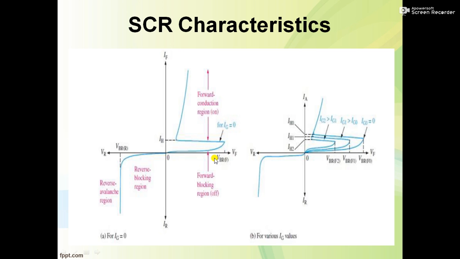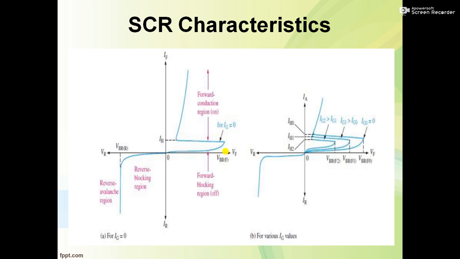This forward blocking region shows the case when Ig is equal to 0. Ig is the gate current. When the gate current is 0, this region is totally in the off condition, and that is called the forward blocking region. When the forward voltage increases up to VBR, the forward breakover voltage, the SCR will turn on and we get high current.